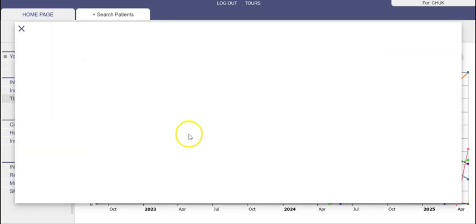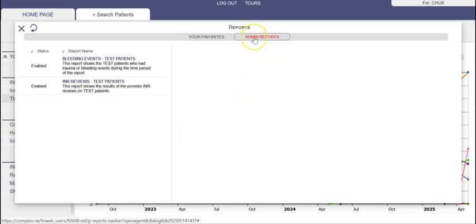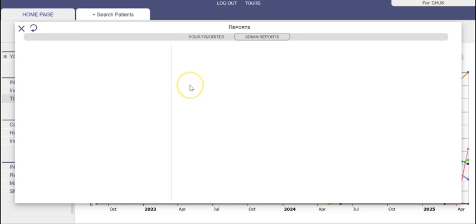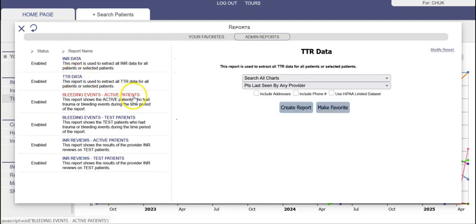Under reports, there are pre-constructed reports that help in evaluating TTR and extracting the TTR data, if you wish to do so. In this case, we're going to take all charts seen by all clinics, all providers.